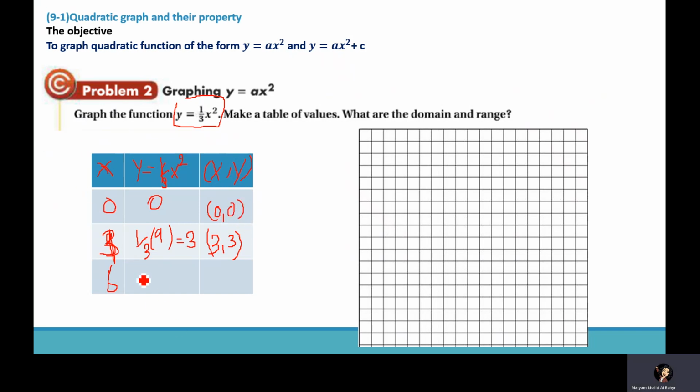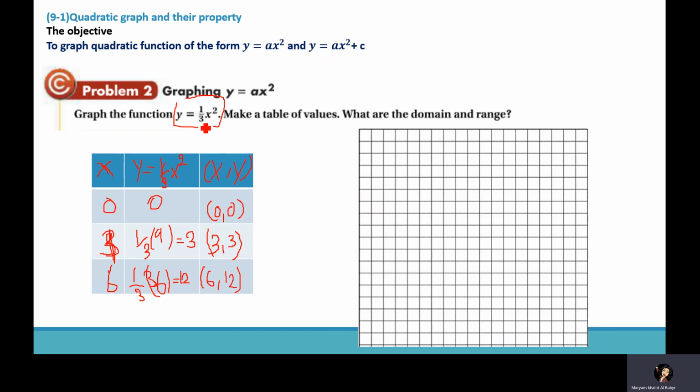And here we can say 1/3 times 6 to the power 2, which is 36, so that is equal to 12. So it will be 6 and 12.